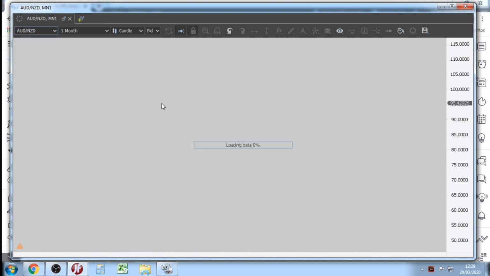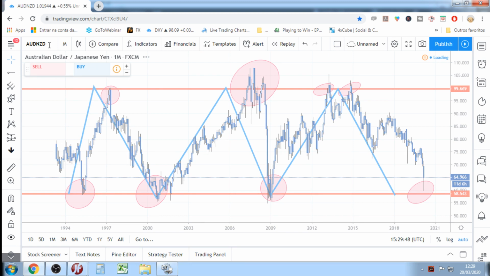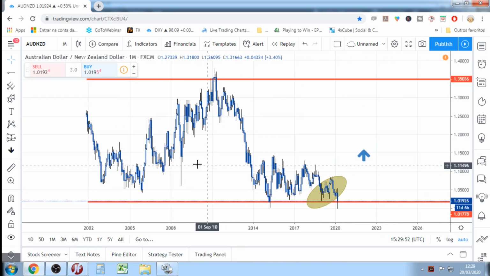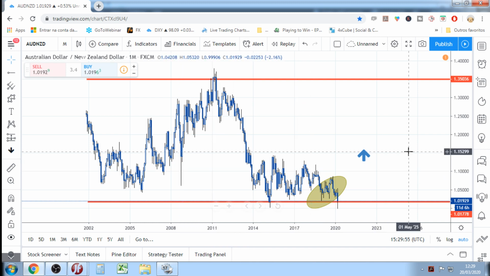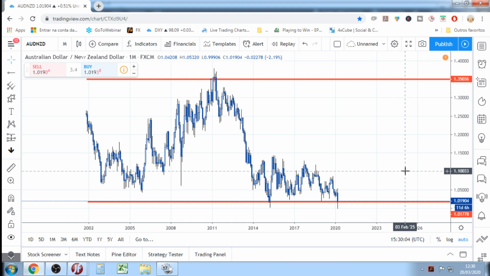AUD NZD monthly chart, and we're going to do the same on TradingView. As you can see, we have already the bands. $1 million question, everybody. What is the long-term direction for AUD NZD?